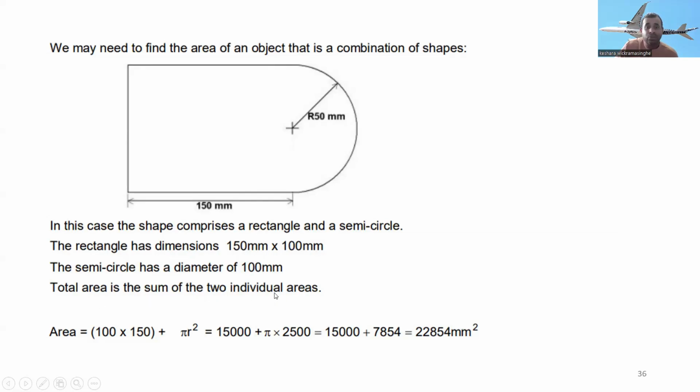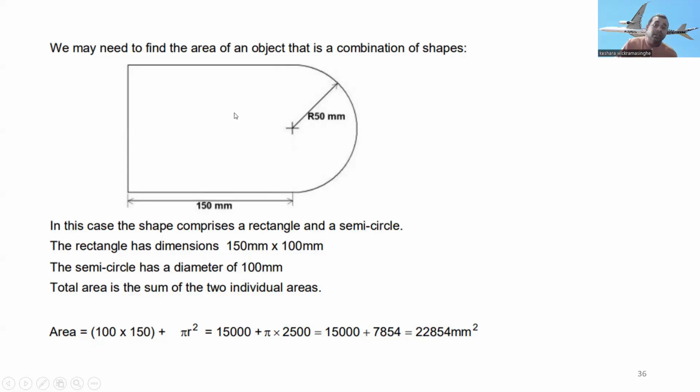So the total area is the sum of the two individual areas. The rectangle area is 100 times 150, which is 15,000, plus the semicircle, half pi r squared, which is half times pi times 50 squared, 2,500. That is 15,000 plus half of 3.142 times 2,500, which is approximately 7,854.